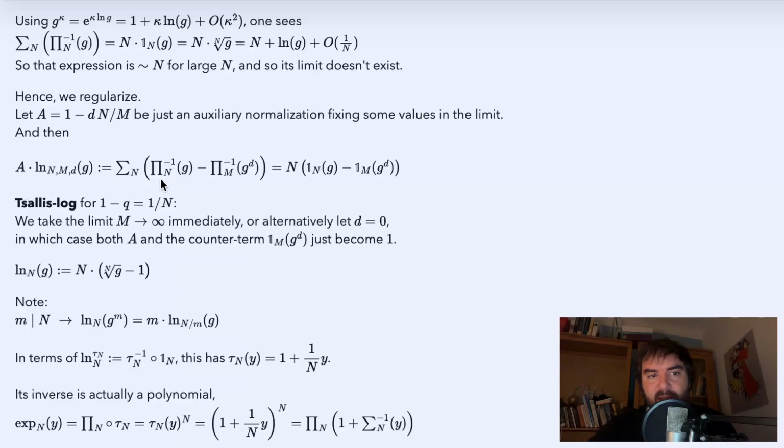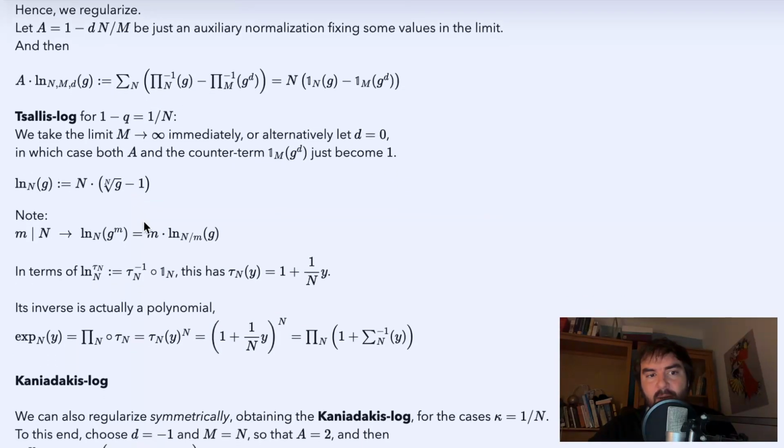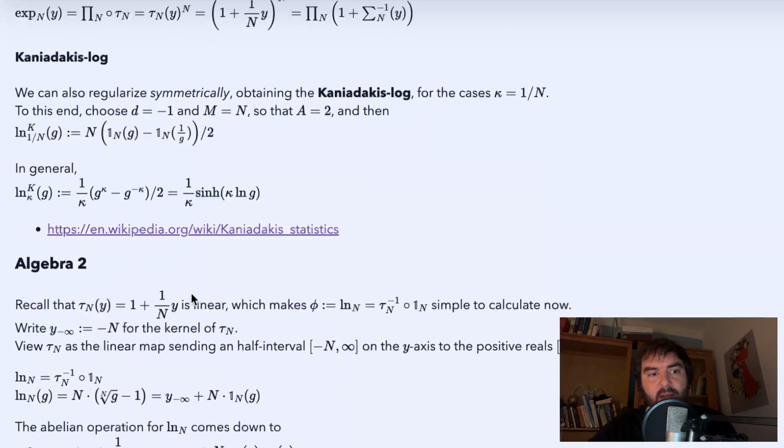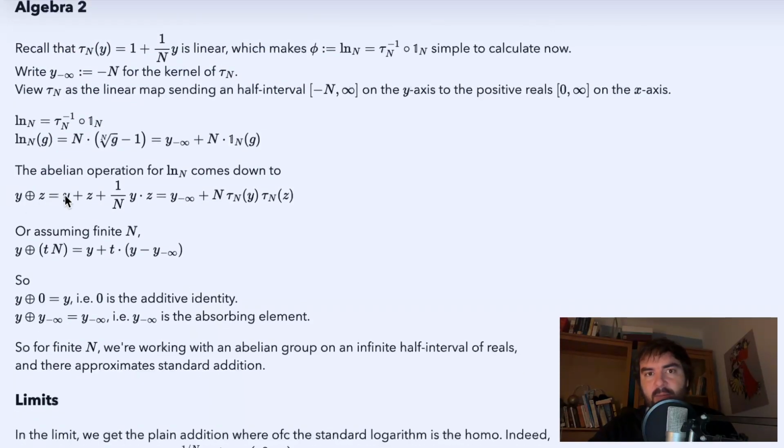Even if you have finite n for the Thales log, you can define the algebraic structure here, which you should think of as a certain group property on the positive y-axis down to minus n. And it is such that this is like a root. This is not transcendental.